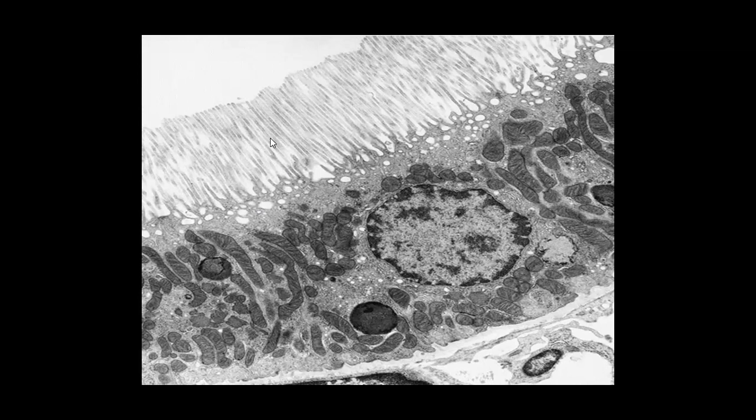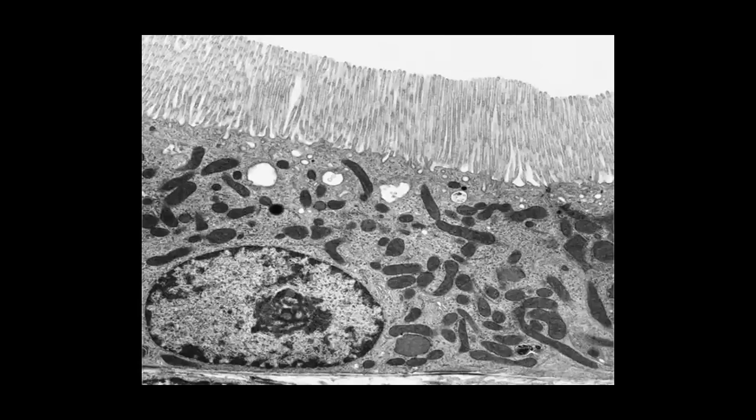This is one portion of the proximal tubule. This is another portion of the proximal tubule, but the pictures are almost the same: innumerable villi, plenty of mitochondria, a very big active nucleus, and a thick cuboidal epithelium.